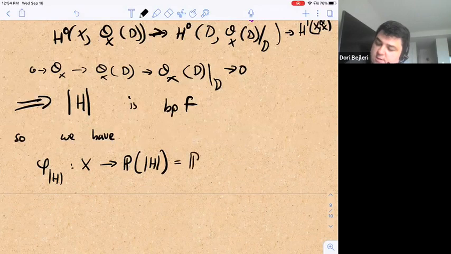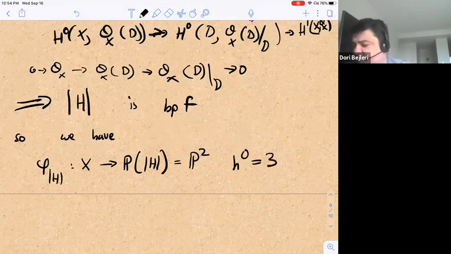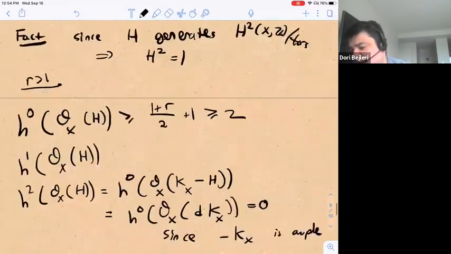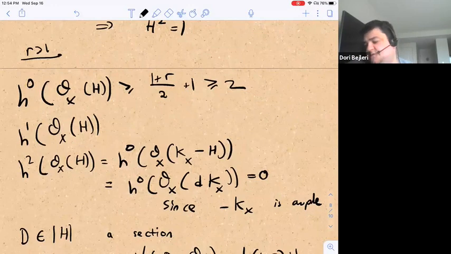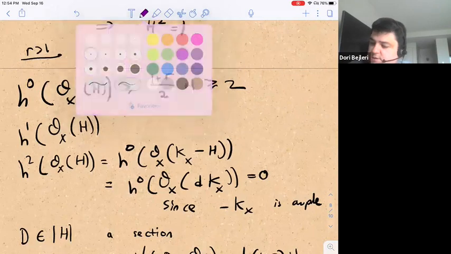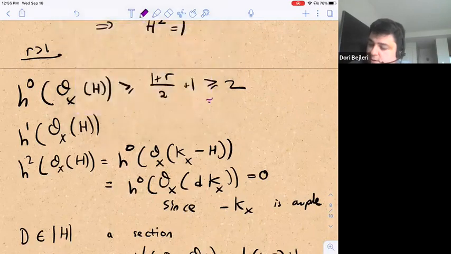So basically, we need to know that h0 is actually equal to 3 rather than just greater than or equal to 3. So we know from this first line here that now that we know that r is 3, this is actually equal to 3. So the question is, why does this h1 of O of H vanish?